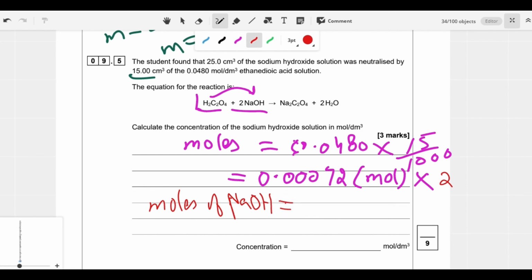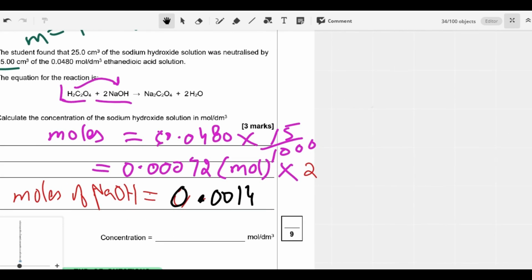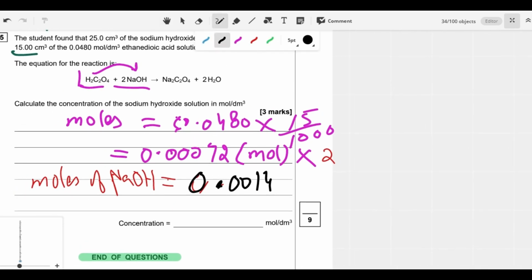So that will equal 0.0014. Now you just need to divide these moles by the volume.